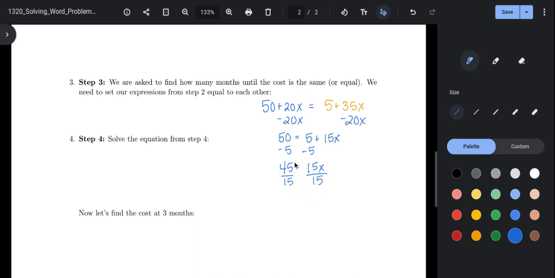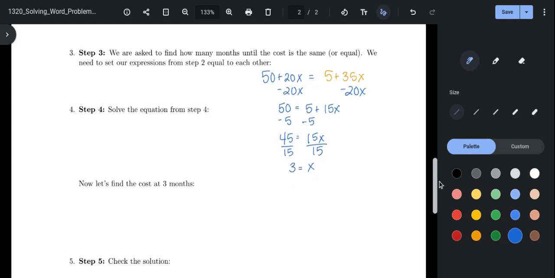Remember, what you do on one side, you do to the other side. 45 divided by 15 is 3. 15x divided by 15, that is x. So according to this relationship, we know that after 3 months, the gyms are going to have an equal cost.